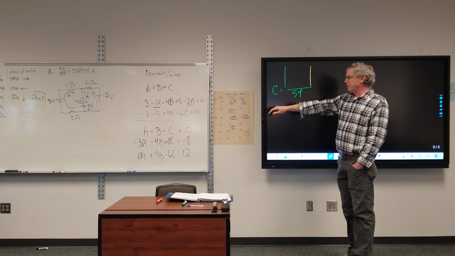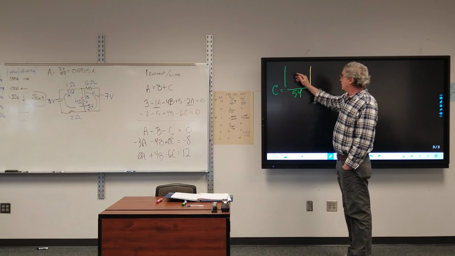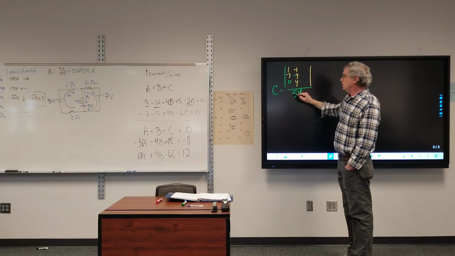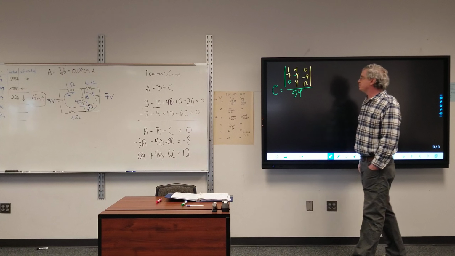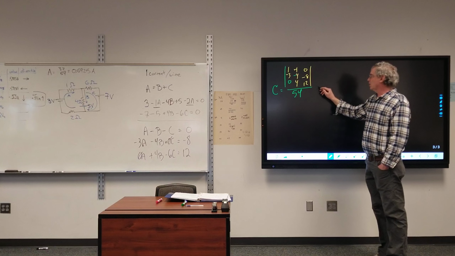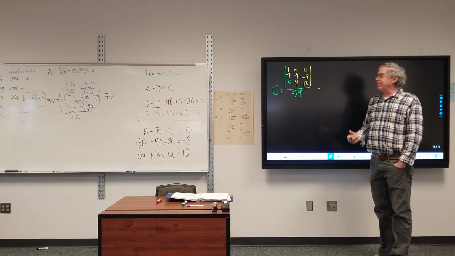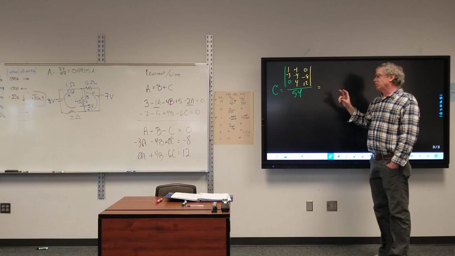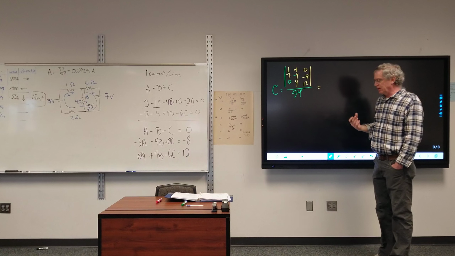Since I'm trying to find the third column, or the third variable, the first two are the same as before. 1, negative 3, 0, negative 1, negative 4, 4. And now 0, negative 8, 12. I'm going to do the 3 by 3 determinant sort of wrapping around as opposed to writing the first two columns again, which in essence is what I'm doing here.